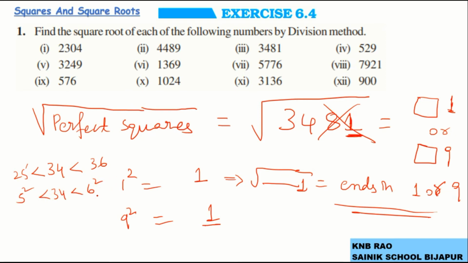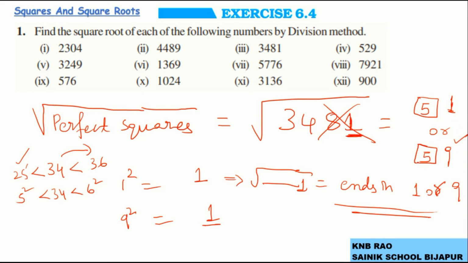So obviously the one less than 34 is 25. Choose that number's square root, which means it is either 51 or 59. So you know we have this 34 very close to 36. Obviously amongst 51 or 59, the bigger one is the right one.